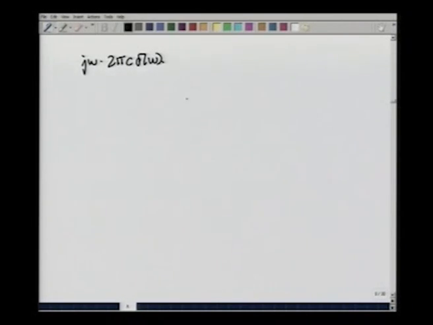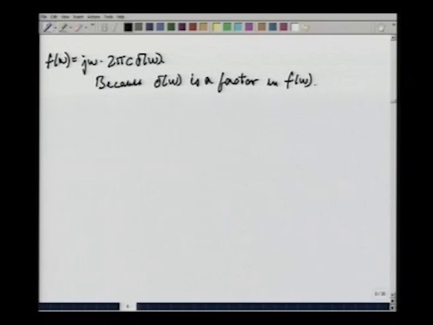Consider this function. We will call this f of omega, because delta omega is a factor in f omega. F omega equals 0 for omega not equal to 0.